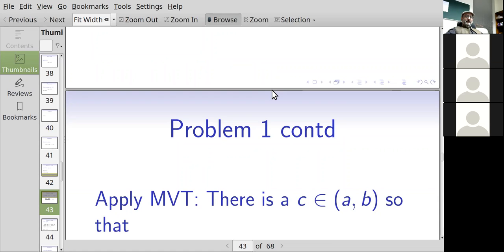F prime of c, the derivative of cos of x, is equal to... Mean value theorem: there is a c such that the derivative at c is equal to f of b minus f of a over b minus a.